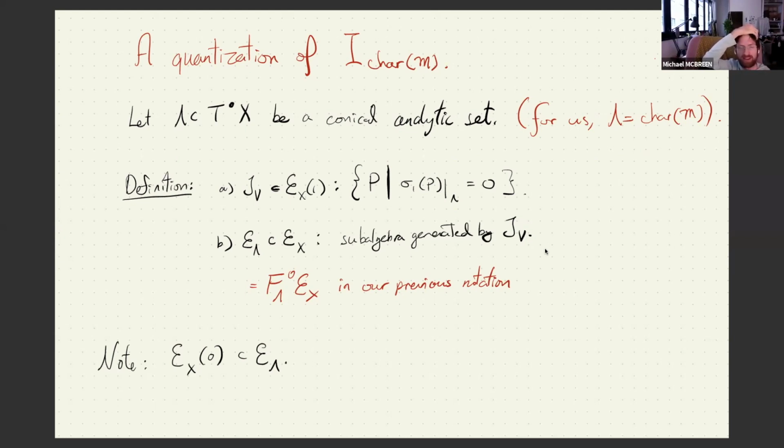Sorry, that shouldn't be curly I of V, that should be curly I of lambda in part A of our definition. We define this quantized ideal to be operators whose symbol vanishes on lambda. Then we define E sub lambda to be the subalgebra generated by these. When lambda is smooth, we've already seen this: it's the zeroth step of our lambda filtration.